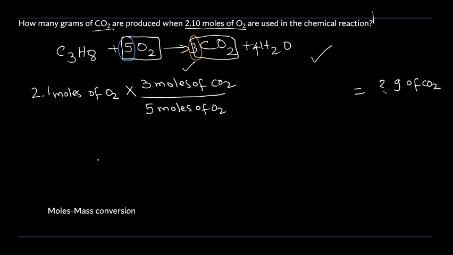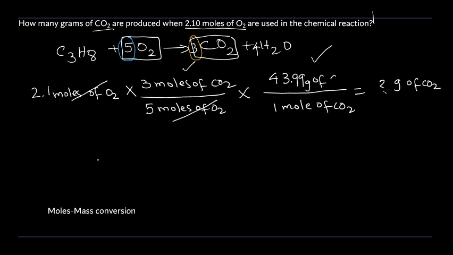And now I can cancel moles of oxygen and moles of oxygen. And now again, I don't want moles of carbon dioxide. I need grams of carbon dioxide. So I know in 1 mole of carbon dioxide, I have how many grams?